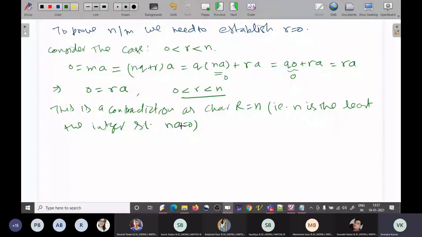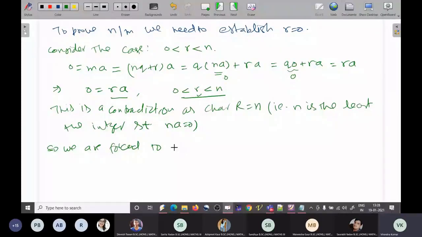This implies that m equals n times q, and this implies that n divides m. Fine. So this proves the result. I hope things are clear to you. If you have any doubt, please ask. Okay, if not, then let us move further.